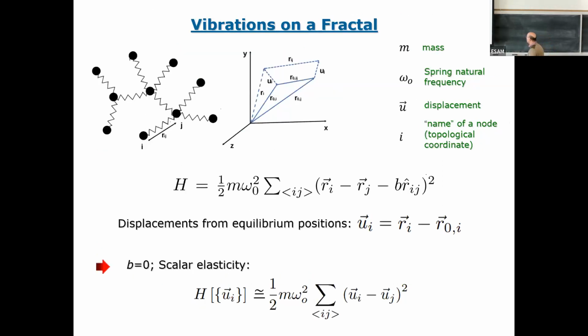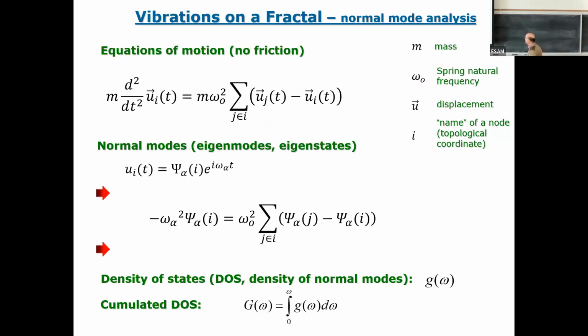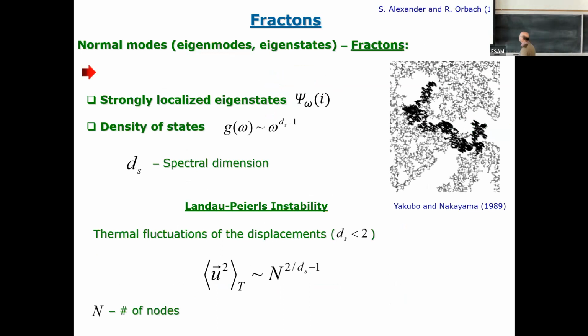So basically you go over all these neighbors in topological space, nearest neighbors in topological space, not in real space necessarily. You can also calculate from this the density of states, as I told you about, or the cumulative density, which is the integral, the number of states up to a frequency omega.